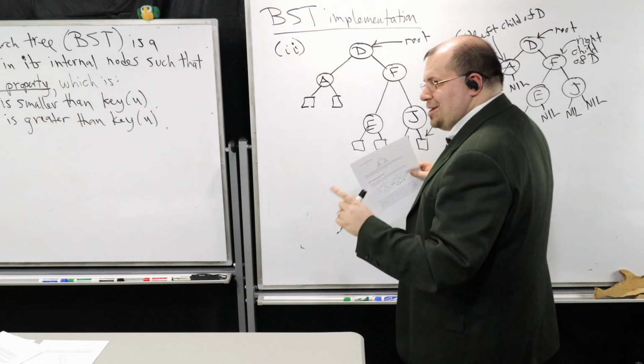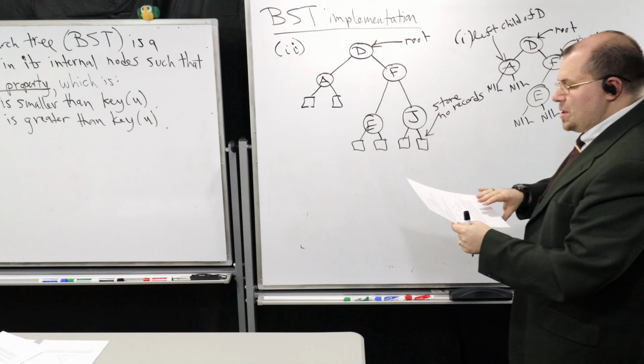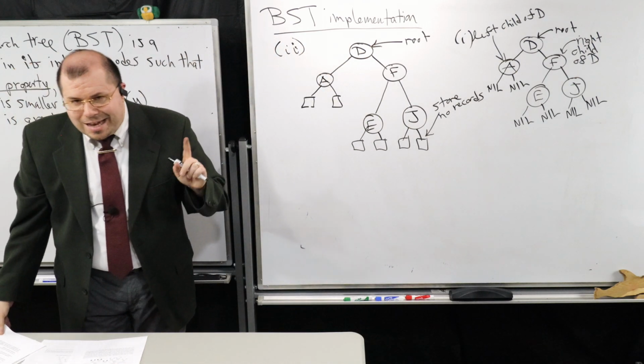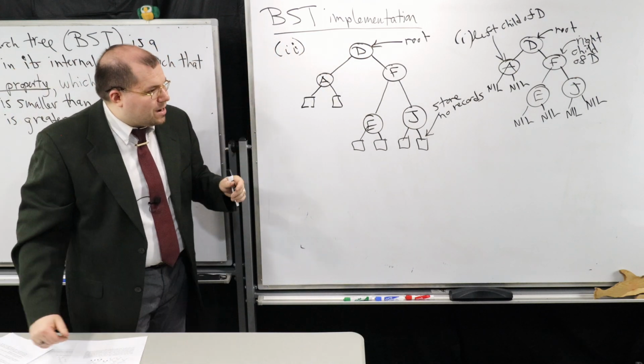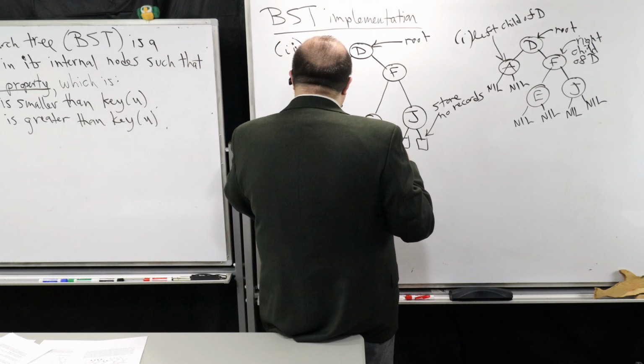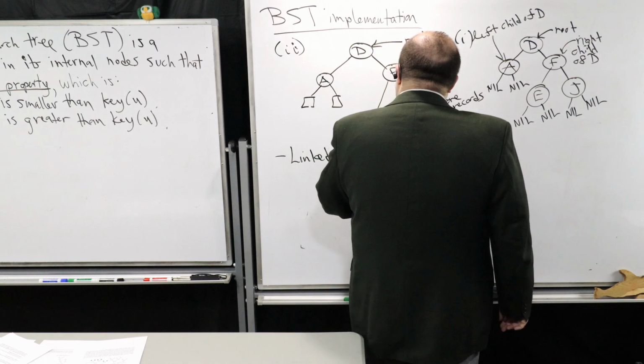So I must stress that wherever you have one of these, you can always represent it like this. And I will tell you up front, I do have a picture of what one of the linked tree representations would look like. So just for the sake of time, I'm going to refer you to the linked tree representation.